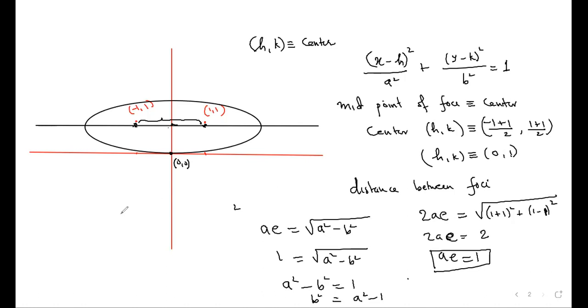Yes, sir. So now what did the equation of the ellipse become? (x - 0)² upon a² plus (y - 1)² upon b², where b² is replaced by a² - 1, equal to 1. Now we have to find the value of a.